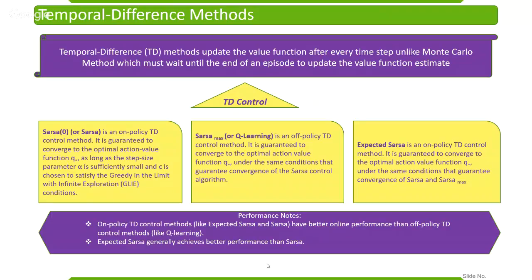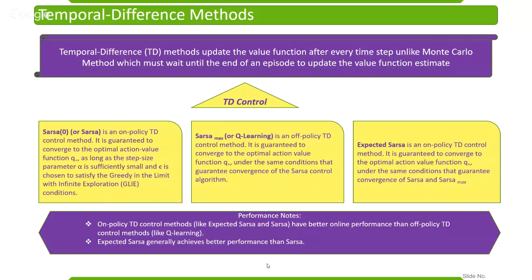So TD control can be split into different kinds of off policy and on policy control methods that can be used. The first one is SARSA. All of them are basically calculating the Q values, but with a slight difference from each other.